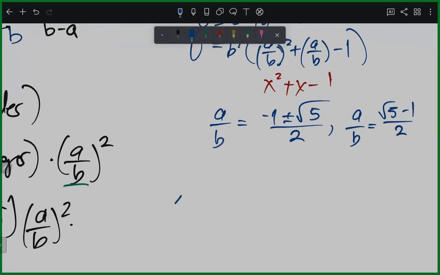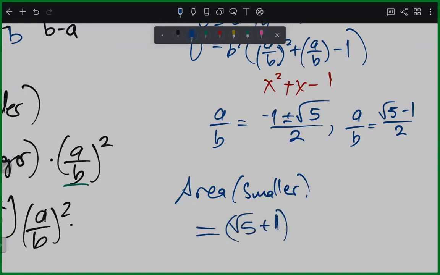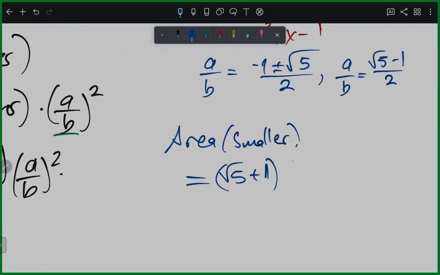So the area of the smaller pentagon is root 5 plus 1 times A over B squared, which is the square of this quantity: root 5 minus 1 squared over 4. This is root 5 plus 1 times root 5 minus 1, which multiplies to 4 from the difference of squares.